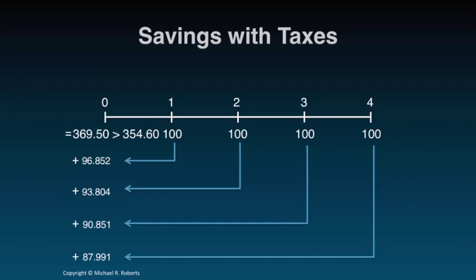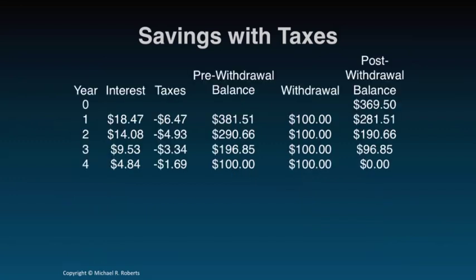Now let's run through the exercise of looking at what happens to the savings account. So now we put in 369.50. Okay. That's going to earn interest at 5%. We're going to pay taxes on that interest at a rate of 35%, which generates a pre-withdrawal balance in the first year of $381.51. We pull out the $100, and then we're left with $281.51.